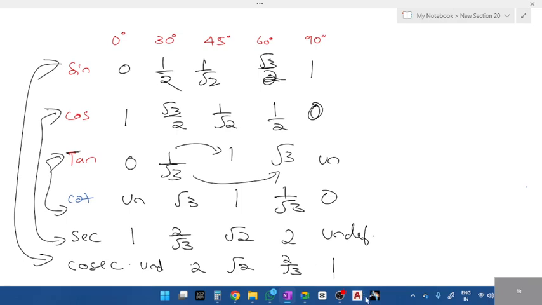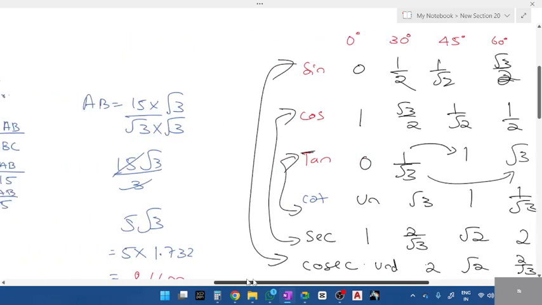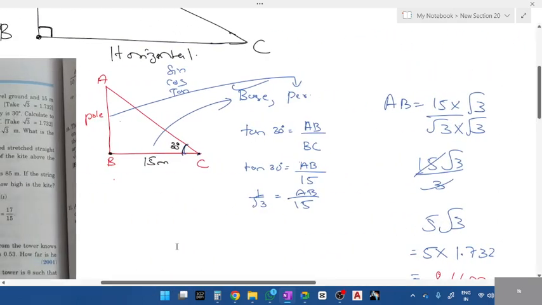Understood how to write this? All of you understood the table? Okay, now write it without seeing. Just write once. If you don't know any value, just skip it.